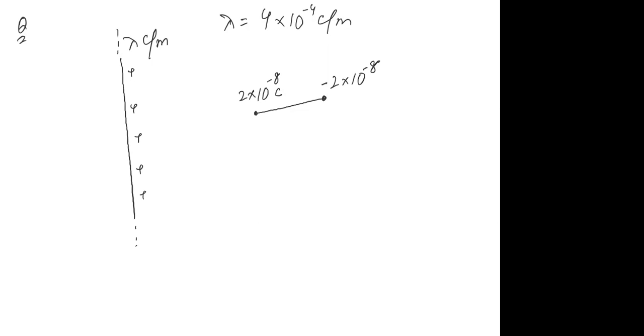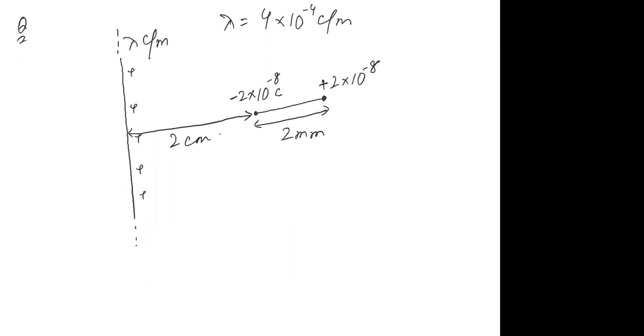ठीक है? इसको minus ले लो, इसको plus ले लो. These two charges are separated by a distance of 2 millimeter, and the first charge is at a distance of 2 centimeter from this wire. ठीक है? आपको ये दिख रहा होगा कि the arrangement that is kept near this charged wire is a dipole. Can you see that?